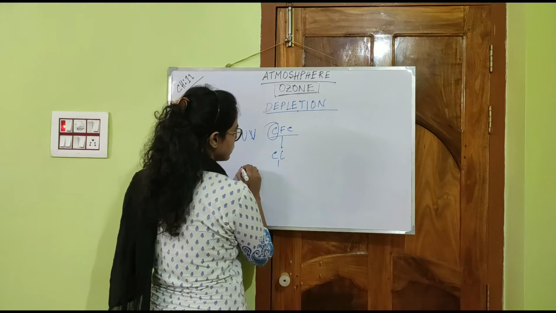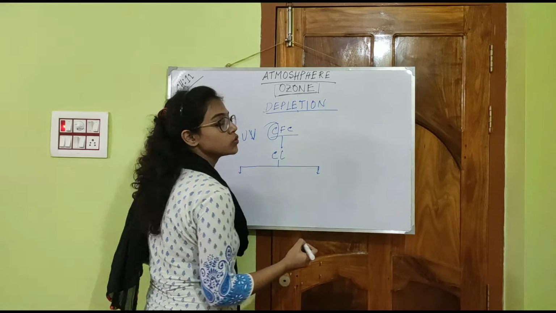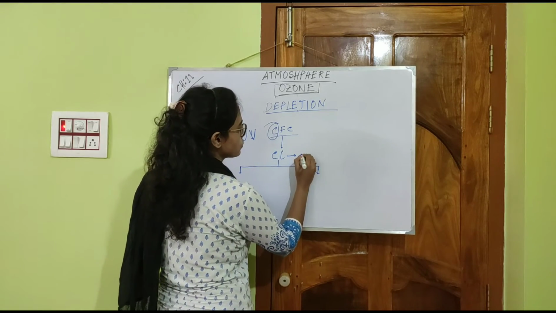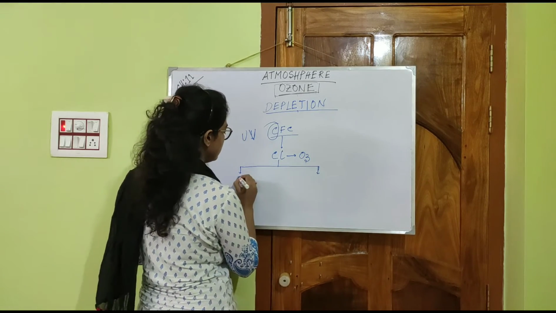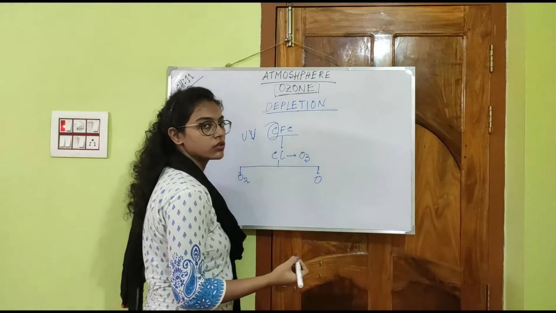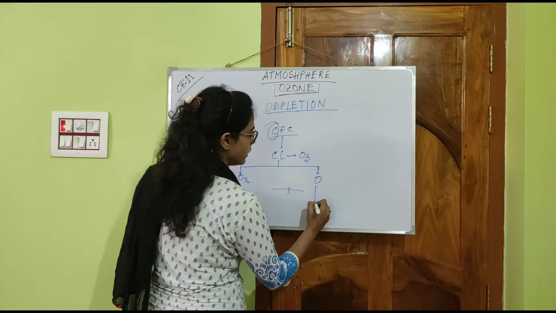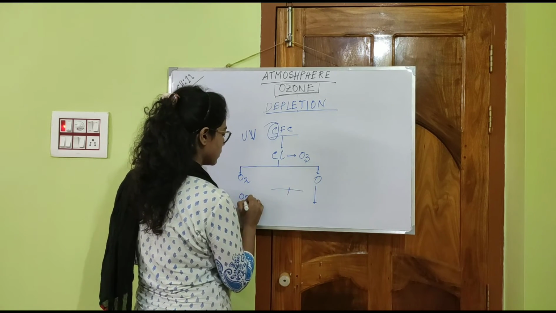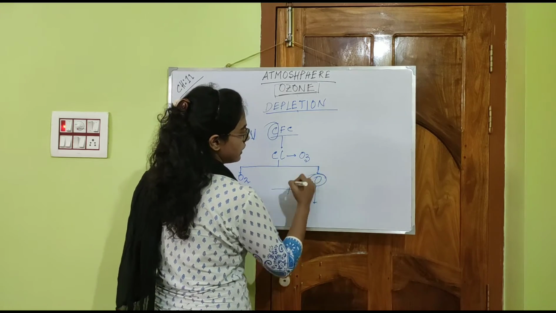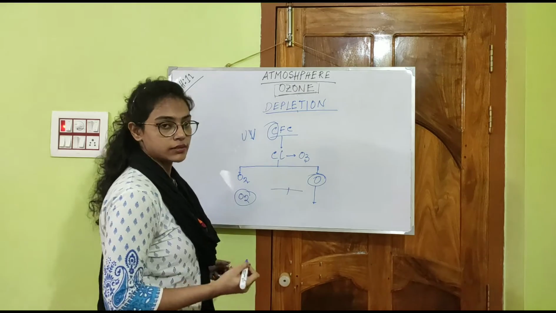This chlorine breaks the ozone into an oxygen molecule and an oxygen atom.